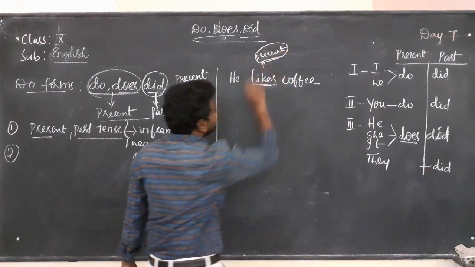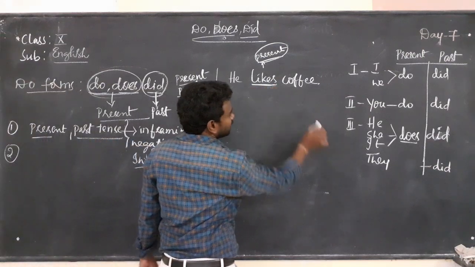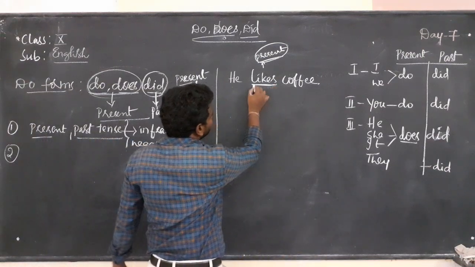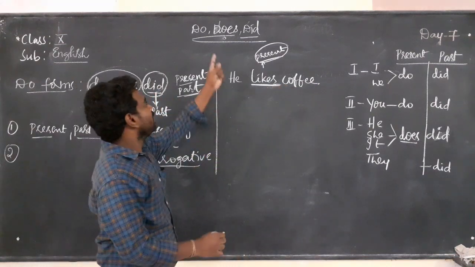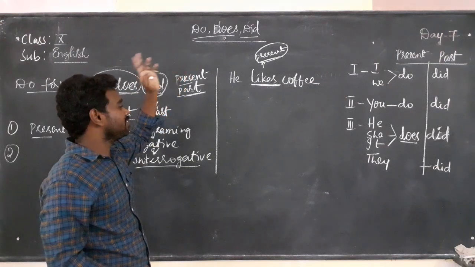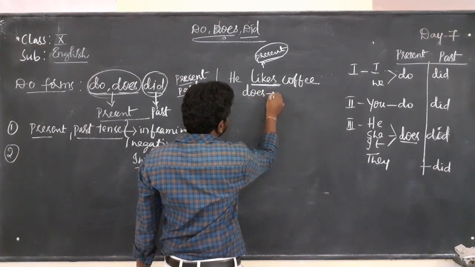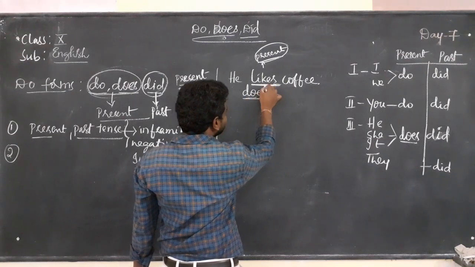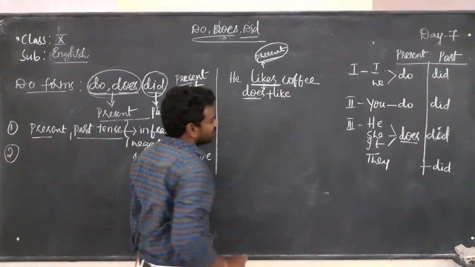It includes the primary auxiliary verb do form called does. So likes can be written as does plus like.